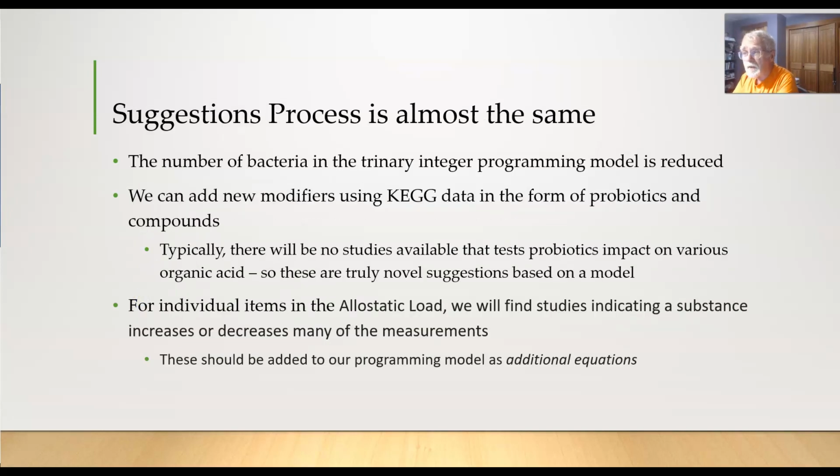The suggestion process is almost the same. We take the number of bacteria and we use the ternary integer programming model. Generally, if we're using things like oats, and say our concern is the oats value, not something else, then the number of bacteria we are looking at would generally be greatly reduced, so we have a simpler problem to solve. Less CPU time is required, and we do have the additional option of suggesting probiotics from KEGG data alone, which may never have been studied in a clinical study.